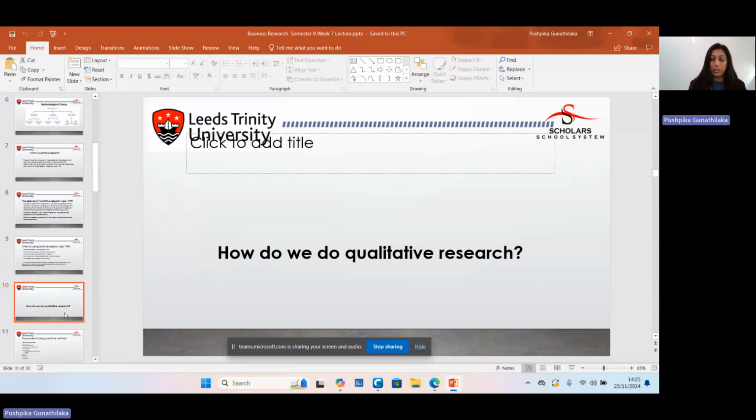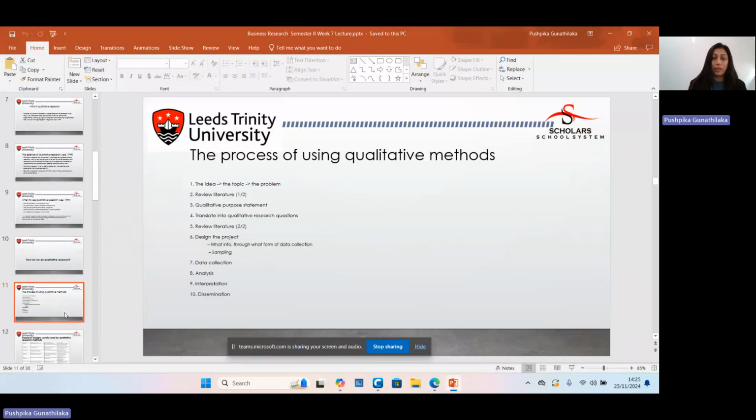How do we do qualitative research? In the first place, we develop some idea, we find some problem, we find some knowledge gap, information gap. So we will do some preliminary research to study that problem, to develop the problem statement, to come up with the research questions.